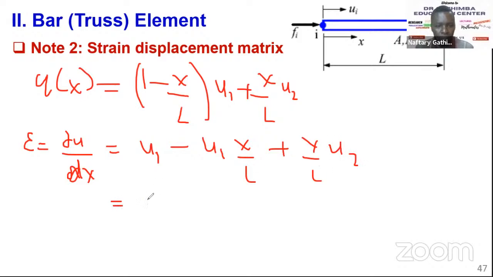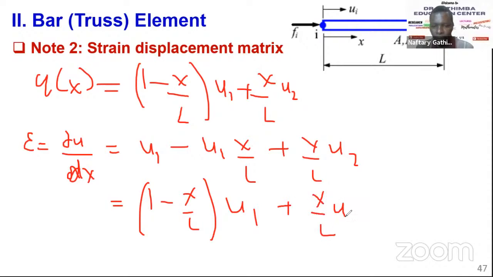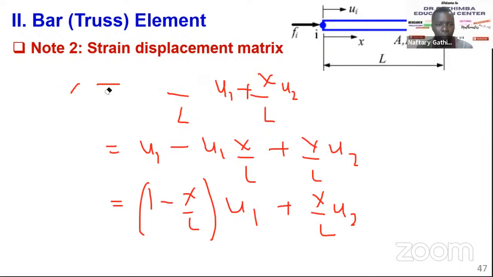Or in short, you are going to have (1 minus x over L) u1 plus x over L u2. Okay, so with this now we can derive this. This is not differentiation yet. We still need to get d over dx of this. But at this stage, to avoid confusion, this is just u. This is u, so I can remove this part.